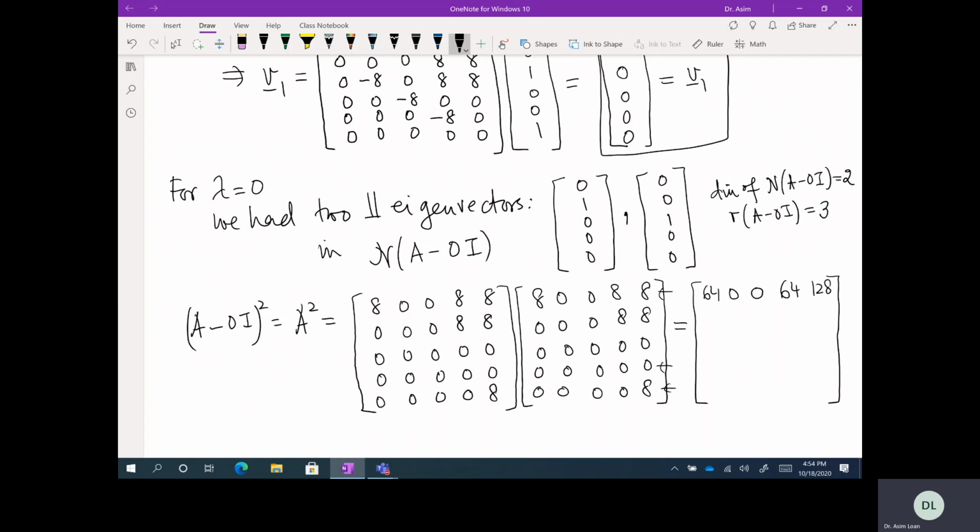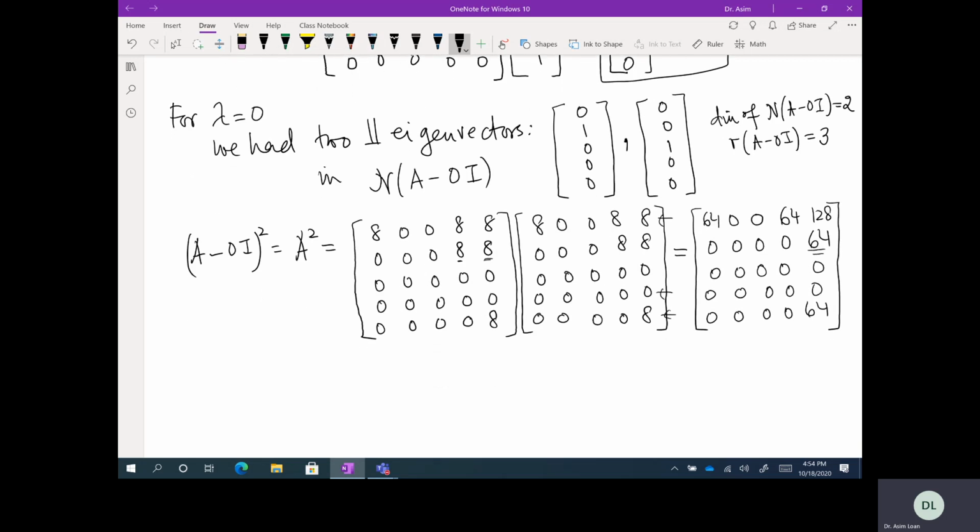This contribution is in the last two rows; except the last one, everything is 0. So 0, 0, 0, 0, 64. And this one, no contribution. And this one, last row, this is 64. So I can get rid of this 64 and this 128.